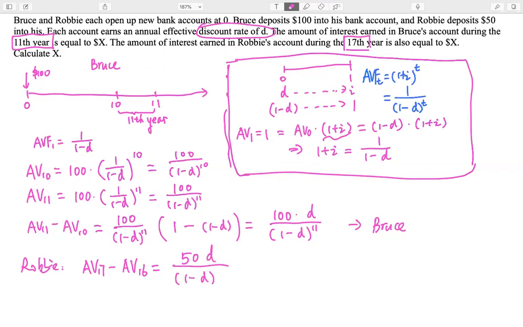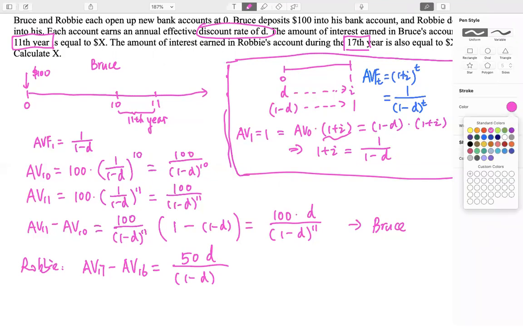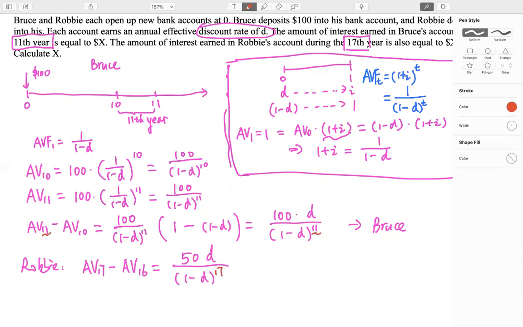Okay, so let's use a different color to emphasize, right? So basically, this number 11 is the same as the end time 11. So here I'm looking at the end of year 17. So this must be 17 as well, according to the information.